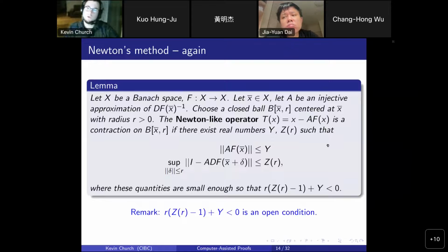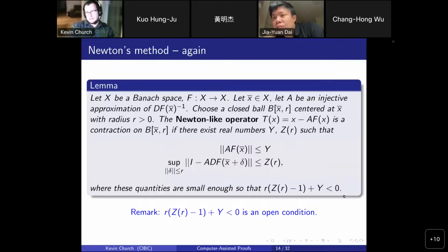I want to bring up one small thing before continuing. This inequality condition right here, I want to go back to a long time ago where I said that a computer-assisted proof typically requires checking conditions that are open. This condition is open in the sense that if I smoothly adjust parameters in the function f, then this condition, where this quantity is negative, will continue to persist if I adjust variables, or parameters in f, or the structure of f in a smooth way.